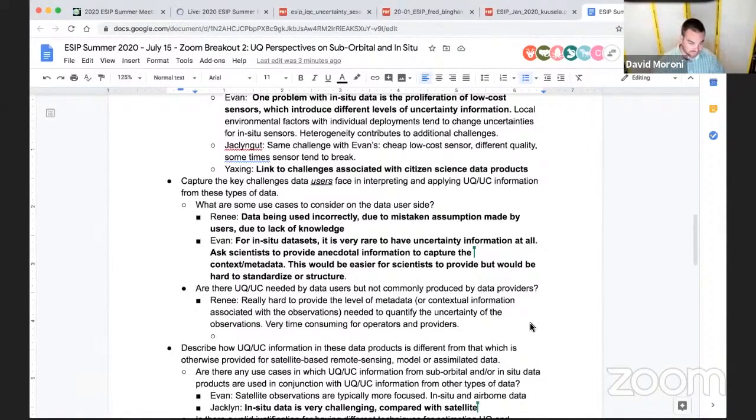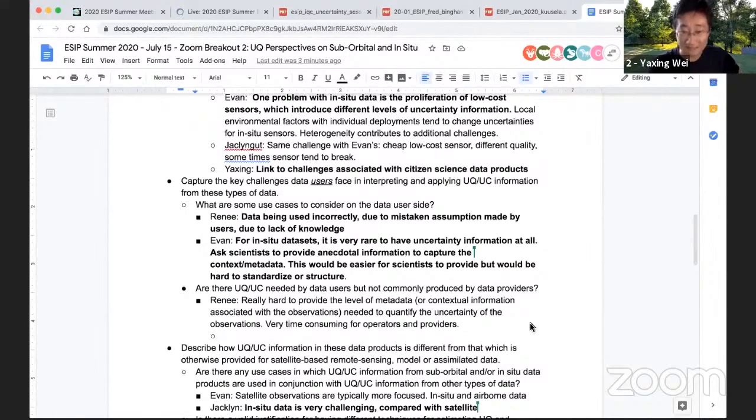Sure, thanks. Data is sometimes used incorrectly by users due to mistaken assumptions, caused by a lack of knowledge about the contextual information or the metadata associated with the measurements that were made.